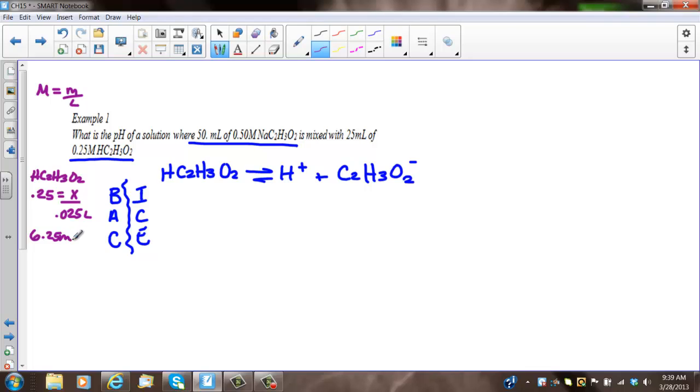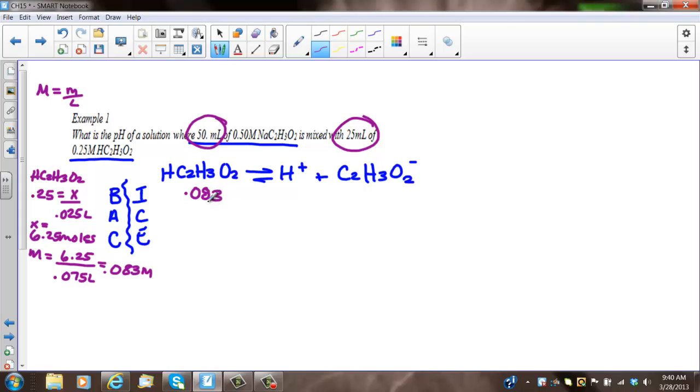Okay? That's my X. So molarity is equal to moles, 6.25 moles, over my total volume. So I've got 25 mils and I've got 50 mils, which is a total of 75 mils, which is a total of 0.075 liters. And that's going to give me a molarity of 0.083 molar.